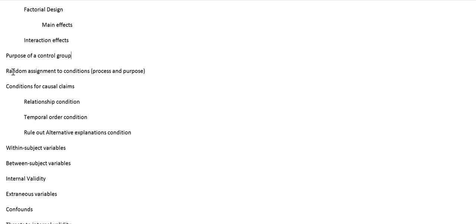Again, it is simply allocating people or cases to the different conditions of an experiment at random, so that pre-existing differences between the groups are not a rival hypothesis or alternative explanation for your results.